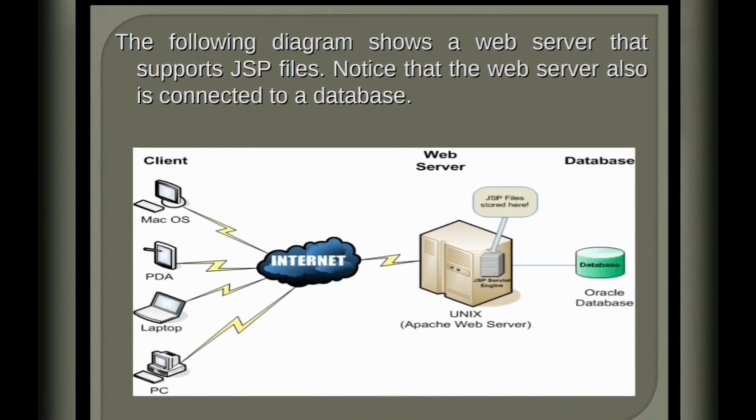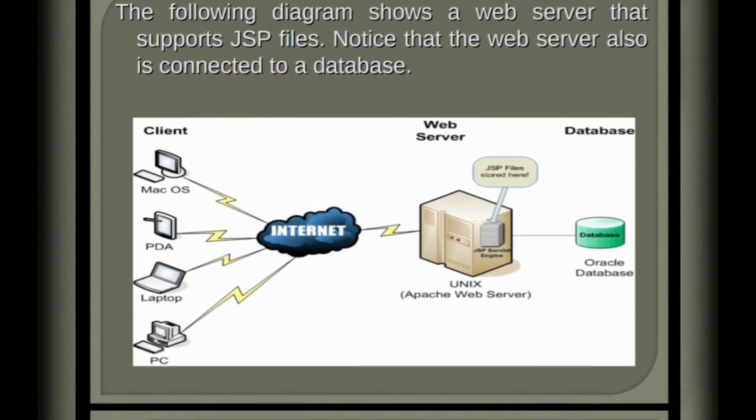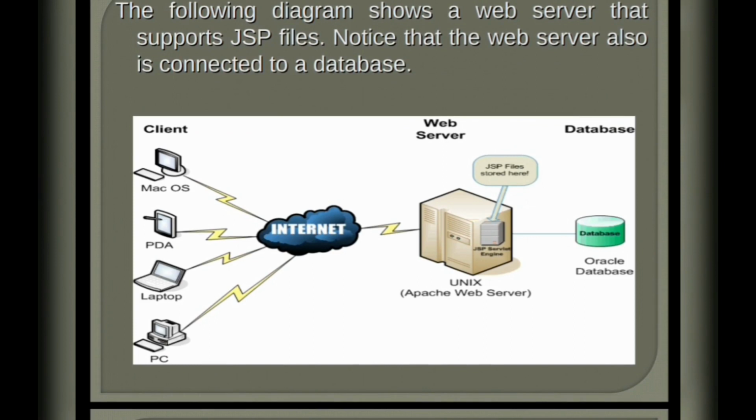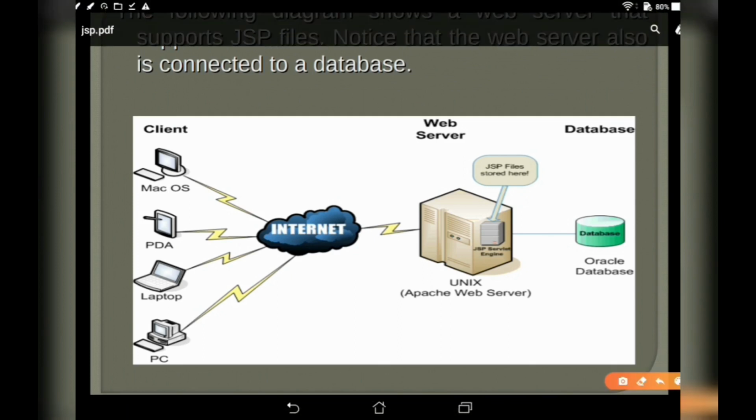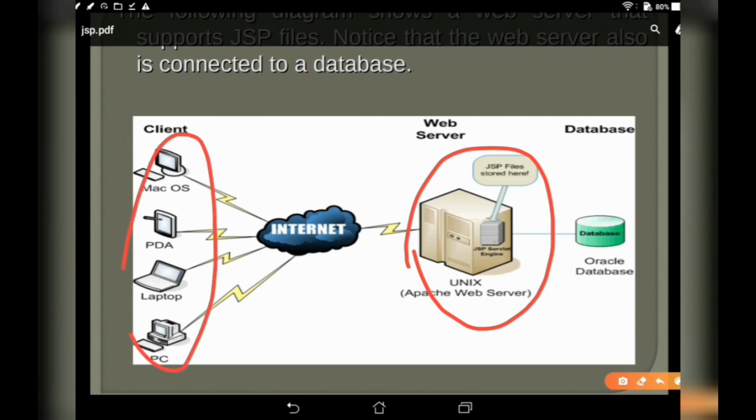Look at another picture. The following diagram shows a web server that supports JSP files. Here is a Unix server running the Apache web server. The left side shows the users. The web server is connected with a database machine.